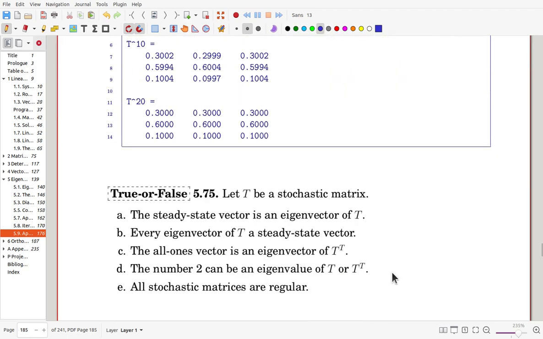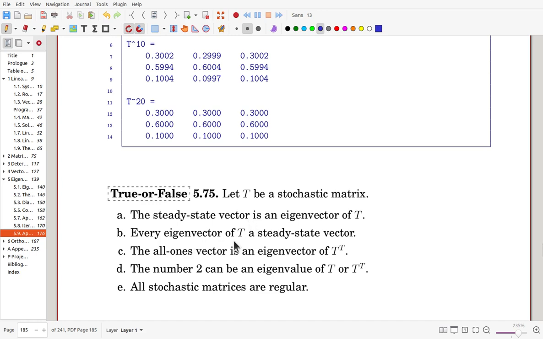Now we have true or false problems. T is a stochastic matrix. The steady state vector is an eigenvector of T. Is it true? Yes, it is an eigenvector corresponding to the eigenvalue 1, so it is true.